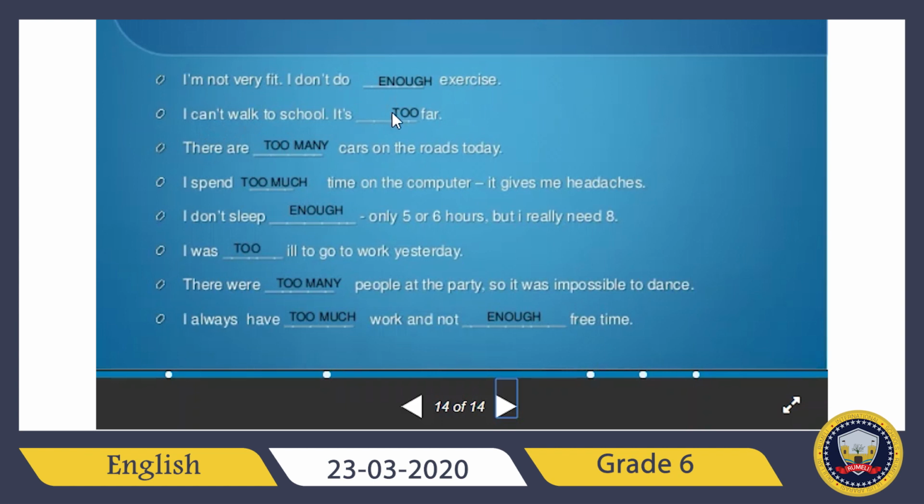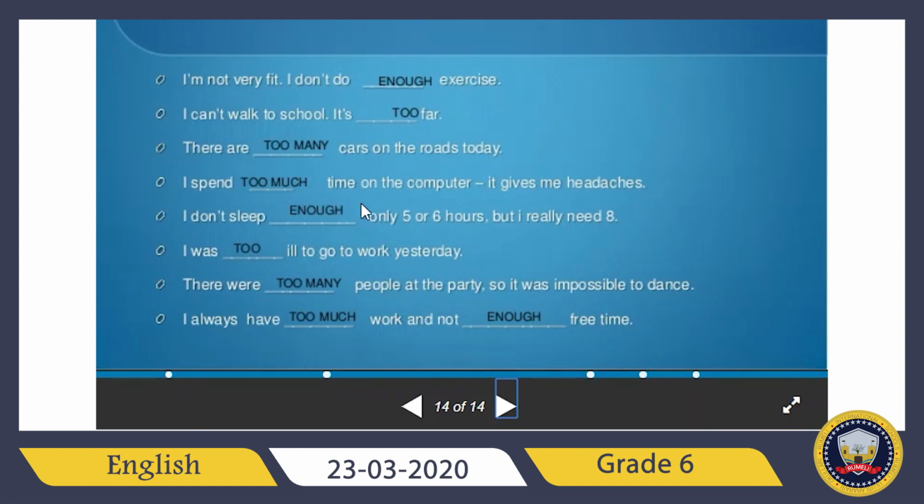It is too far." It means that the distance is too far. You can't do it. "There are too many cars on the road today." As you see here, it means that there is heavy traffic in the city. So it is more. The cars are more than what you expect. So this is something negative.